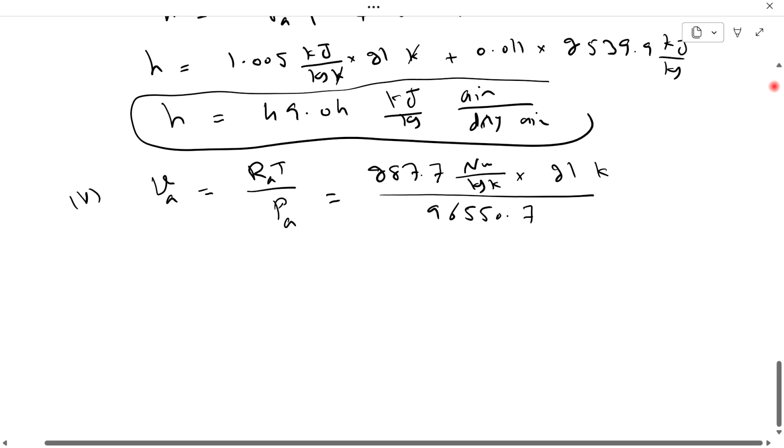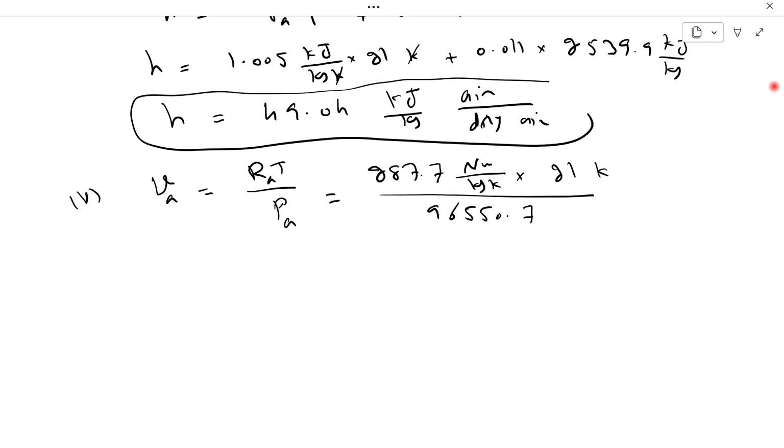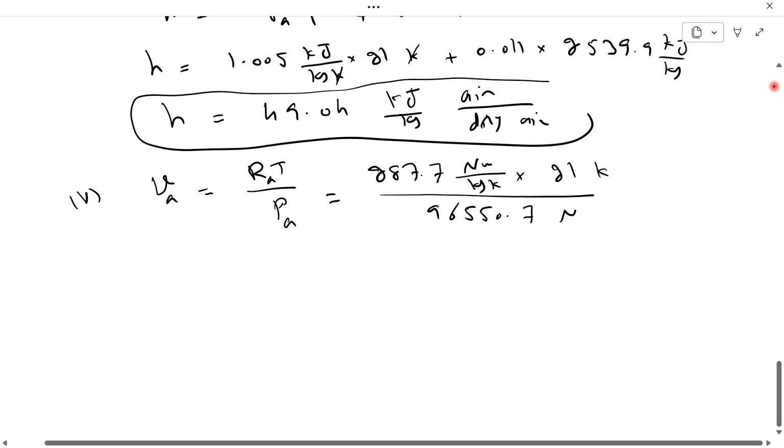96550.7 Newton per square meter. Exactly, this is the pressure of air, total pressure minus pressure of water vapor. So this Kelvin will be cancelled with this Kelvin, and this Newton will be cancelled with this Newton.